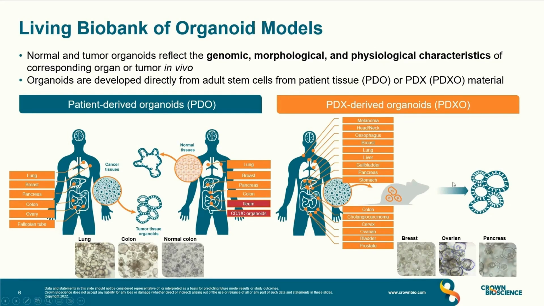But this is a more elaborate and more expensive procedure, so it really depends on the purpose you want to use these organoids for. And as you can see, there's a large list of available cancer indications for which organoids are available in both PDX and PDO setups.